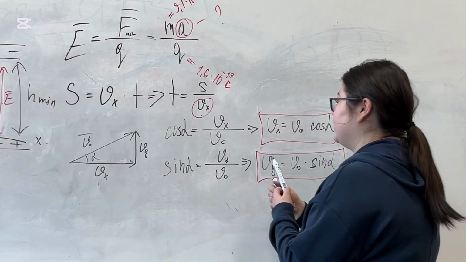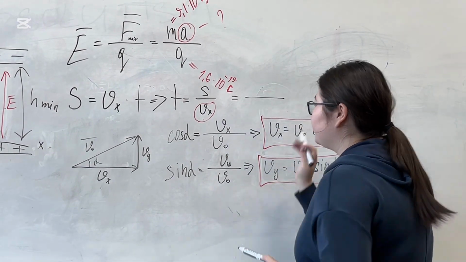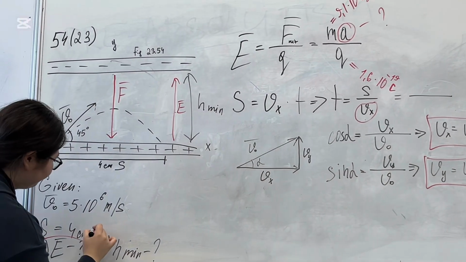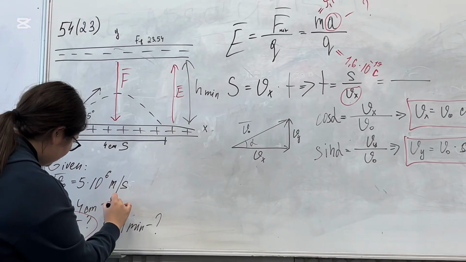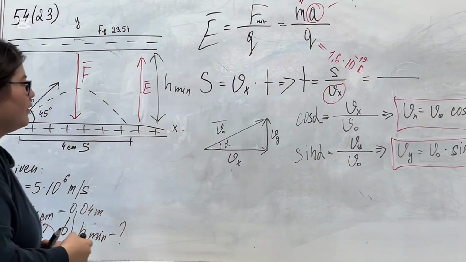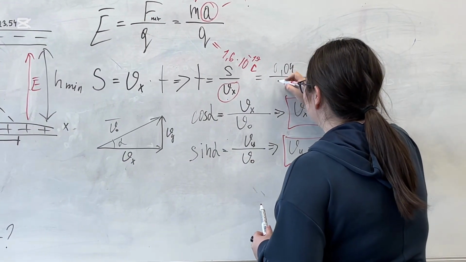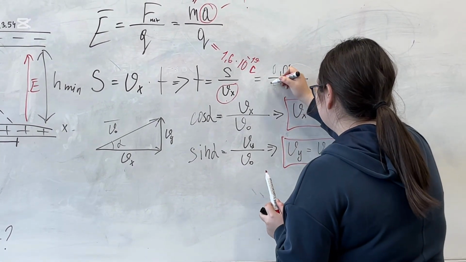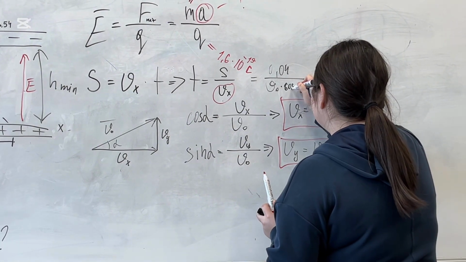Now let's find time. Here we were already given the distance. Let's use the international unit system. It's going to be 0.04 meters divided by V0 multiplied by cosine alpha.